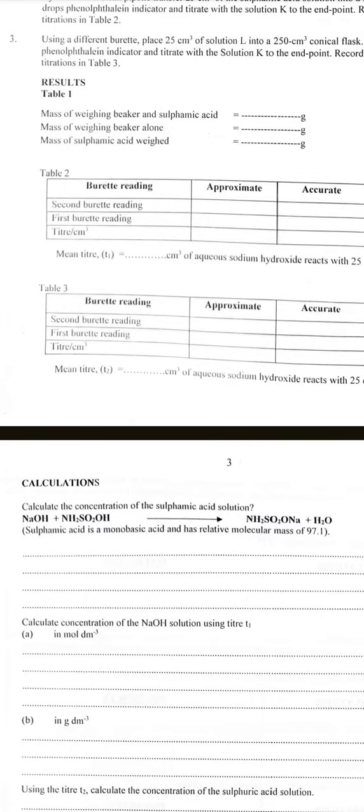But don't write to 2 decimal places. Make sure you write to 1 decimal place, because the burette has a precision of 0.1 cm cube. It can measure only to the nearest 0.1 cm cube.